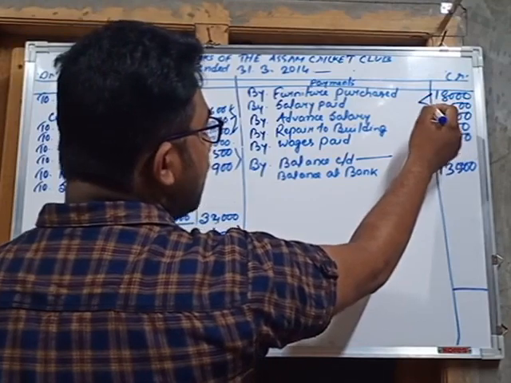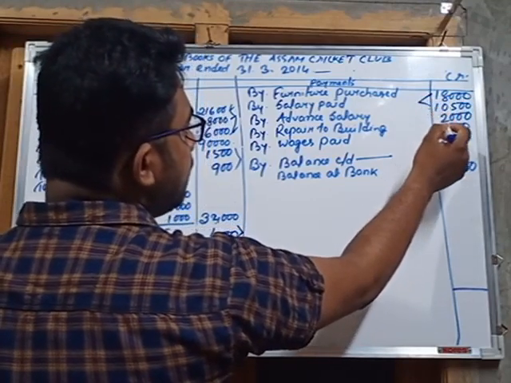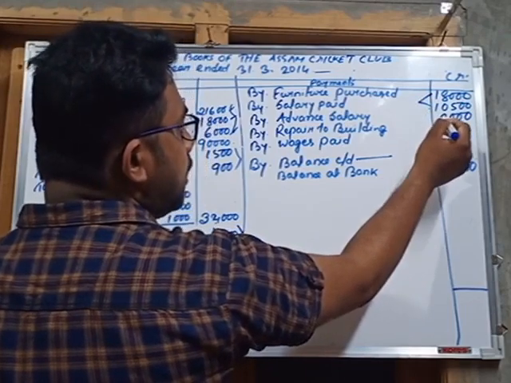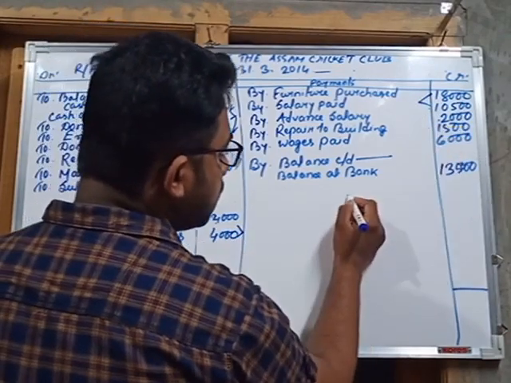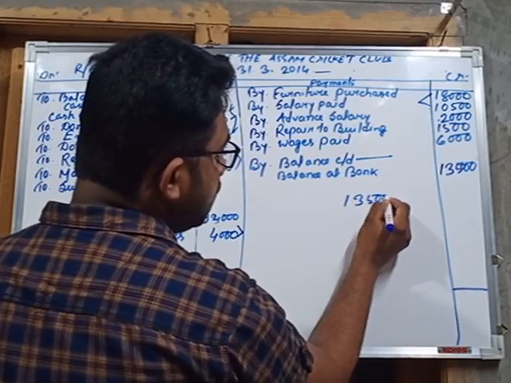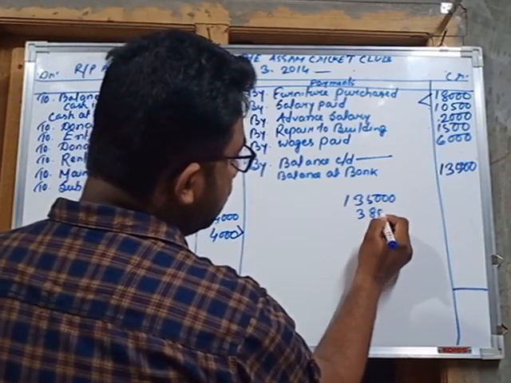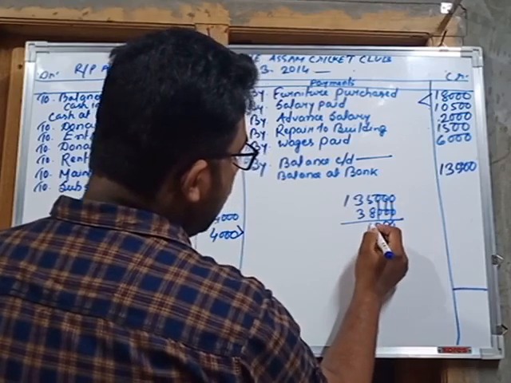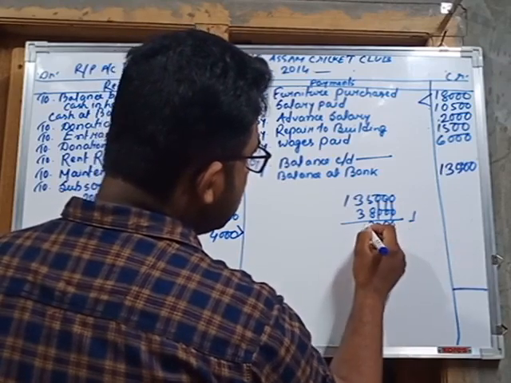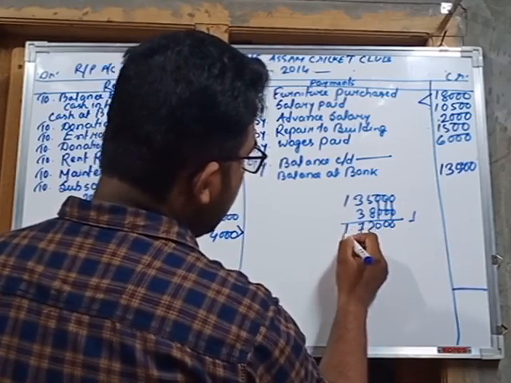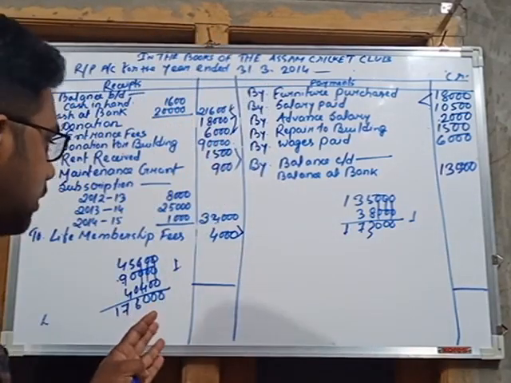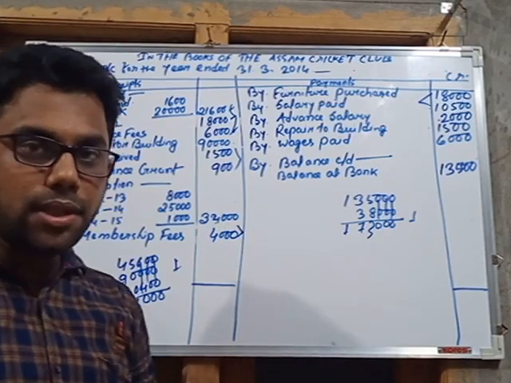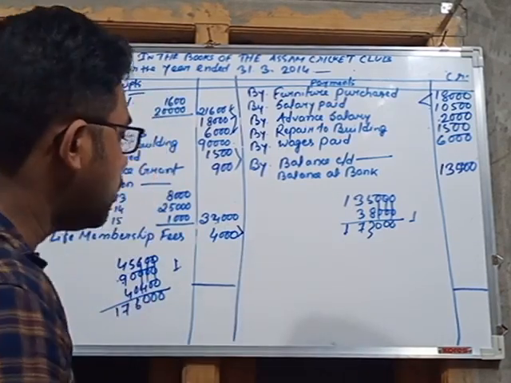Now add the payment side. 18,000 plus 10,500 is 28,500. 28,500 plus 2,000 is 30,500, then 32,000, 38,000. 1,35,000 plus 38,000 is 1,73,000. So the receipt side total is rupees 1,76,000 and the payment side is 1,73,000.